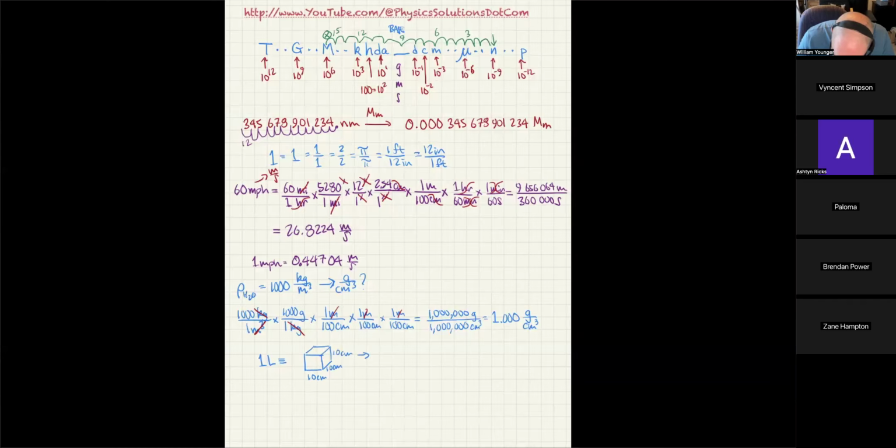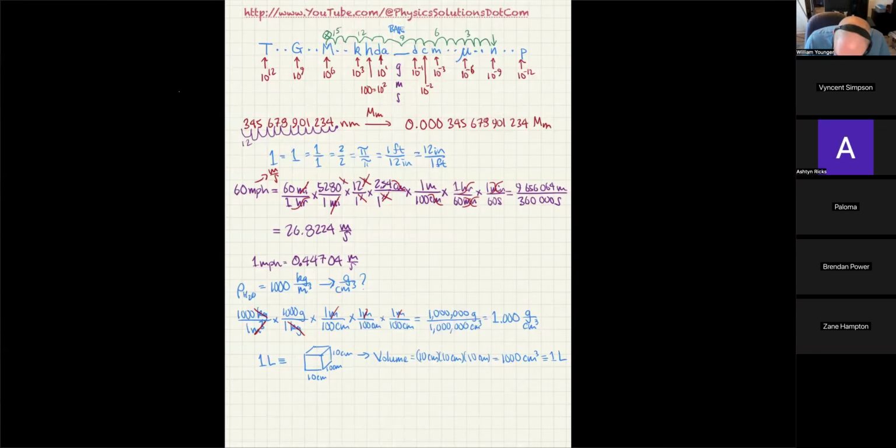We know that the volume of that block that I just drew is equal to 10 centimeters times 10 centimeters times 10 centimeters, which equals 1,000 cubic centimeters. But we know that's also defined to be 1 liter.